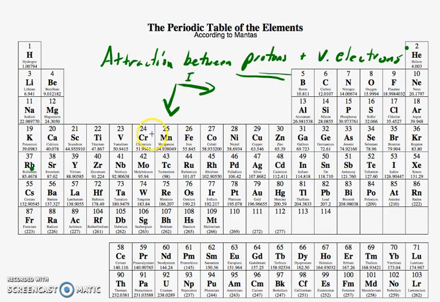I for increase. And that trend is, for the most part, held up as you go anywhere across the periodic table. I think the easiest point would be to see that we have all the way up here at hydrogen, if we do the solar system model, we have an atom that looks like that. And then over here for helium, we have an atom that looks like that.